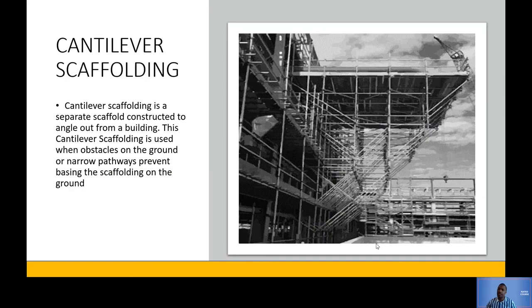So you can't really use a putlog scaffolding which is upright, because that would mean you need to put some members in the swimming pool, and you don't want to do that. So then you will introduce this cantilever scaffolding, which is at an angle to allow the space underneath.